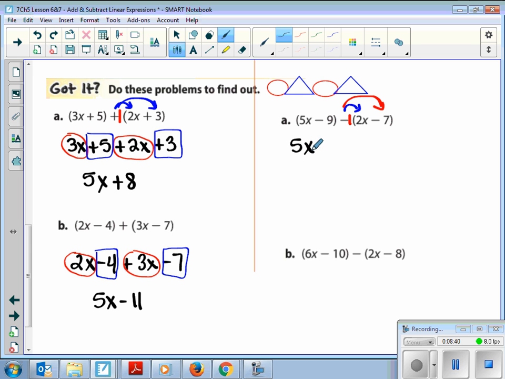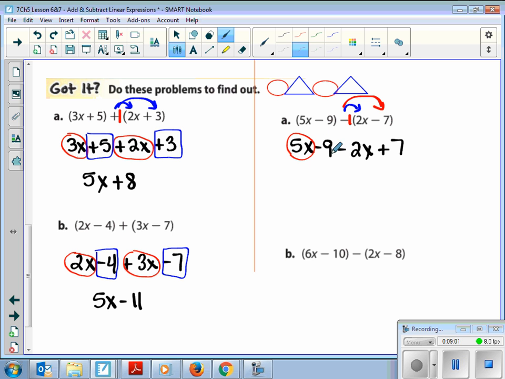So we can just take that parentheses away. So that's going to be 5x minus 9. And now we're going to distribute. Negative 1 times 2x is negative 2x. And then negative 1 times negative 7 is positive 7. And now we can combine our like terms.